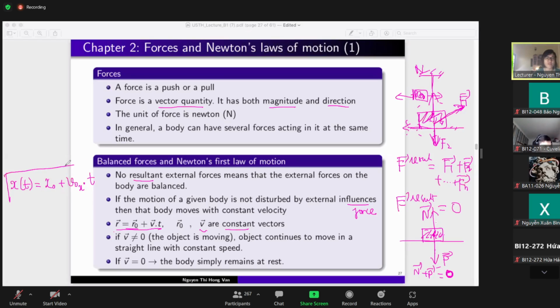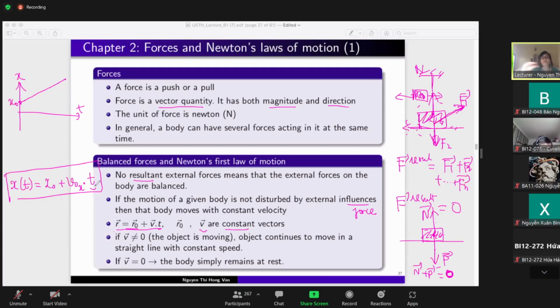Okay, so the graph of x versus t, with x0 for example here, is a straight line. This equation is a straight line because it's a linear function of time.